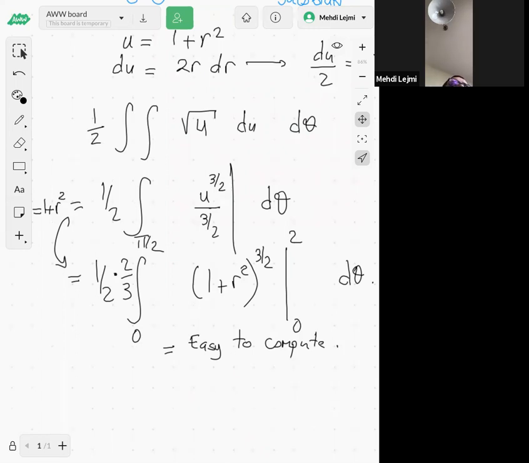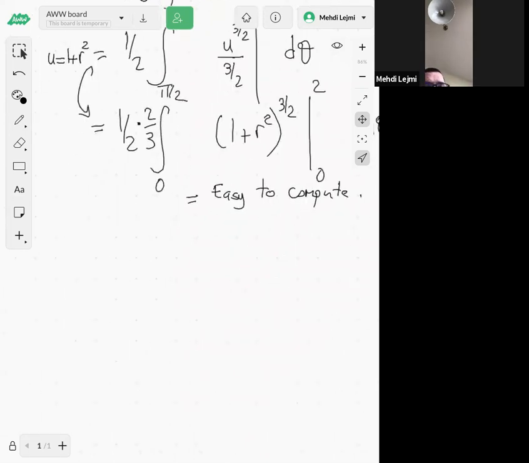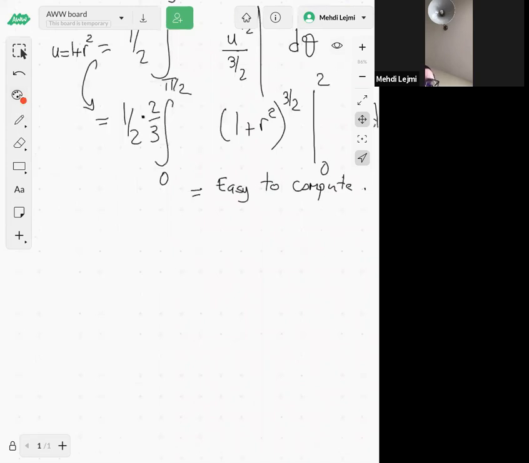Change the order of integration. There are two different integrals here, and I can do one of them. This is the review sheet.